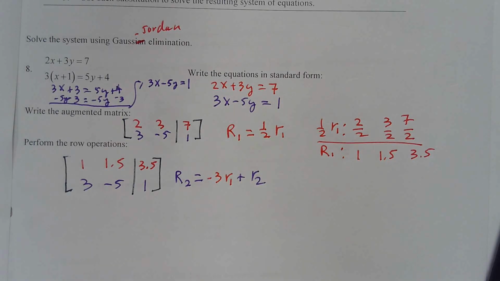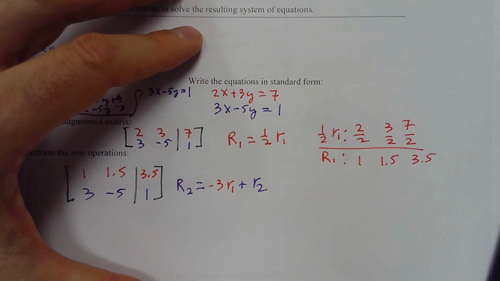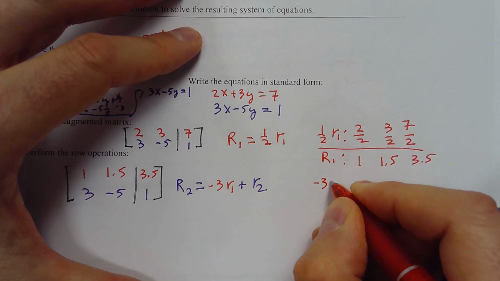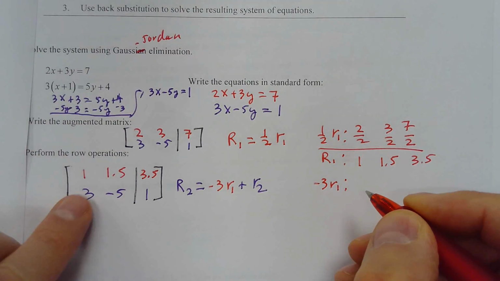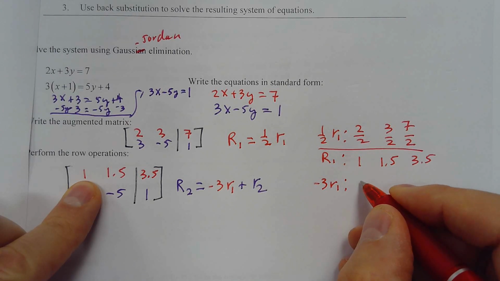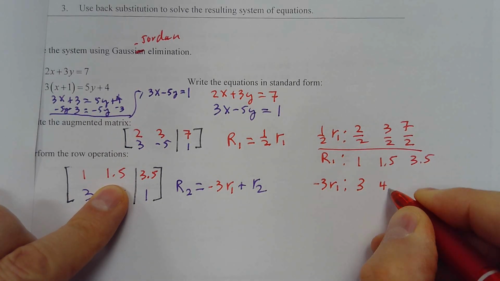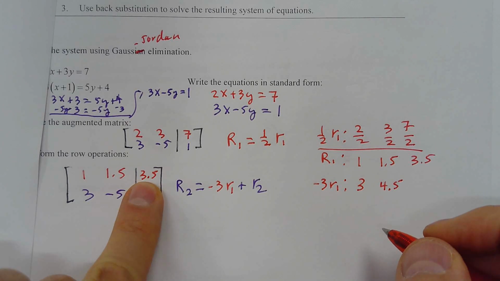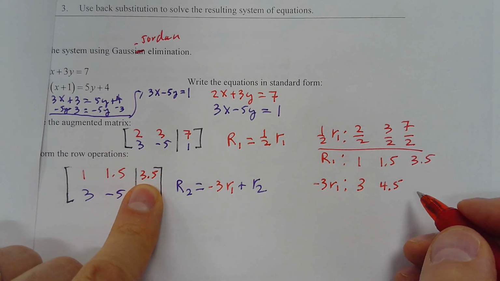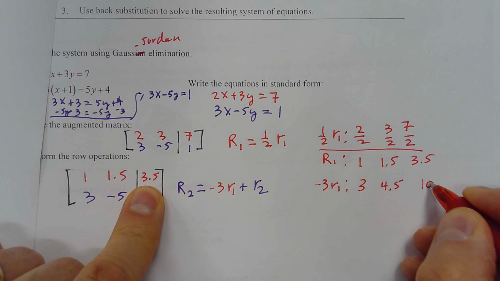Let me just go off the side and write that out. So -3 R1. Multiply 1 by 3, that's 3. Multiply 1.5 by 3, that's 4.5. Multiply 3.5 by 3, that's 10.5.